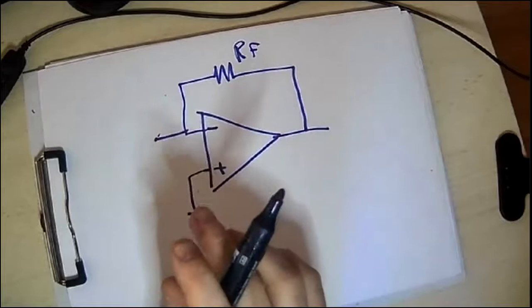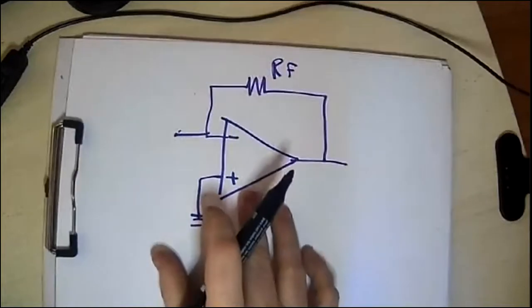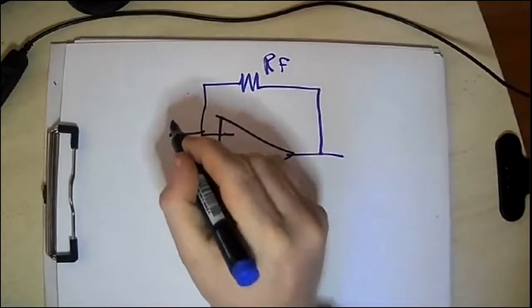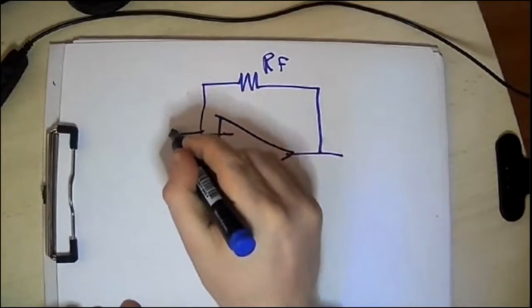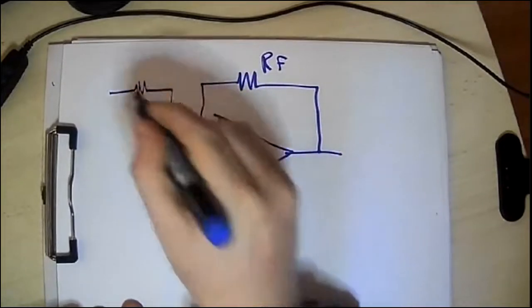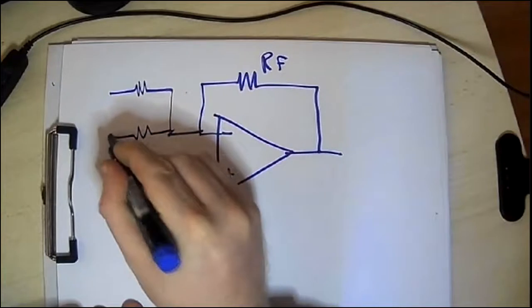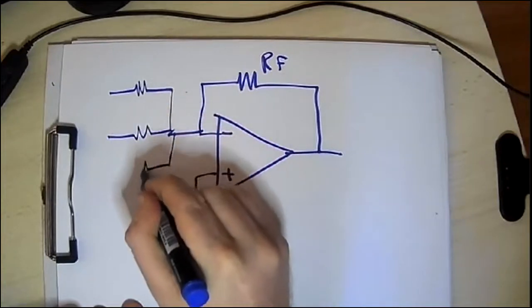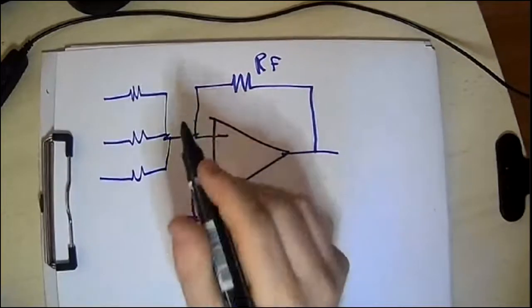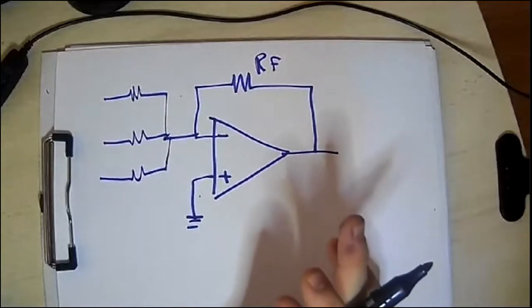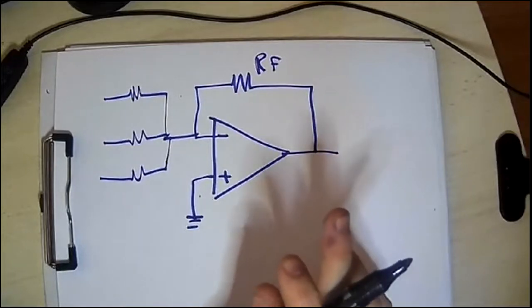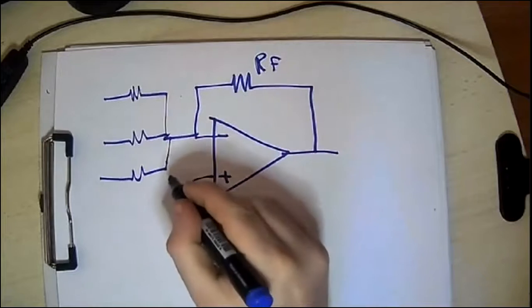For example, let's make it 3. I believe in the presentation slide they are 4. Okay, they are n, whatever.